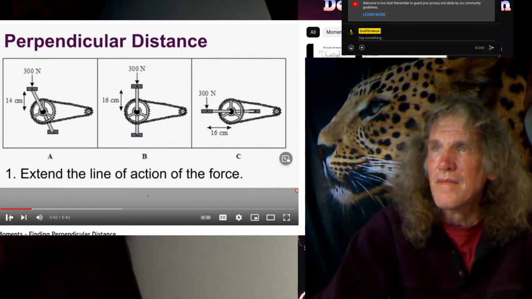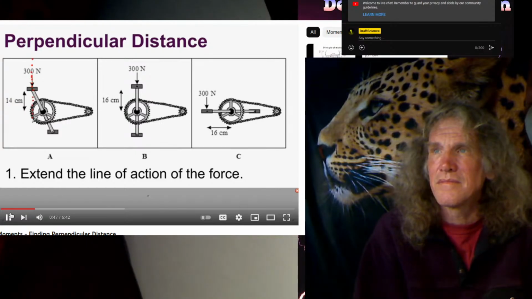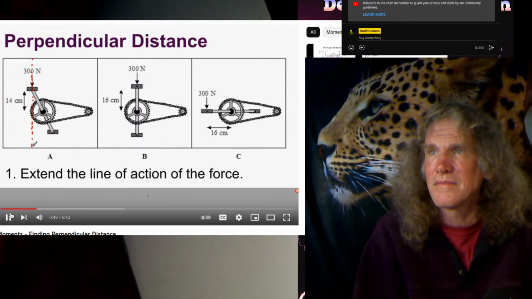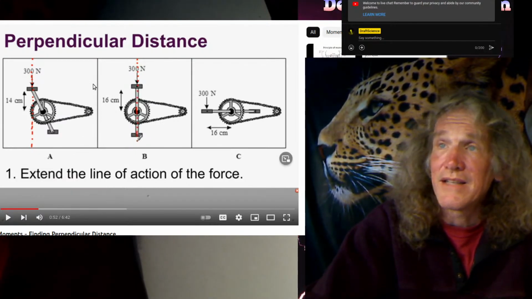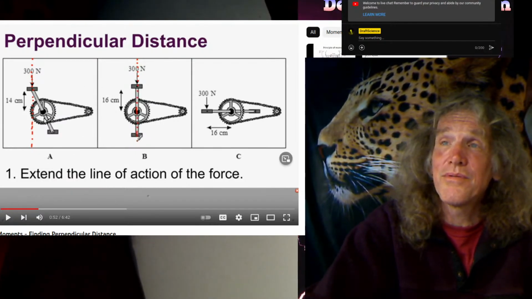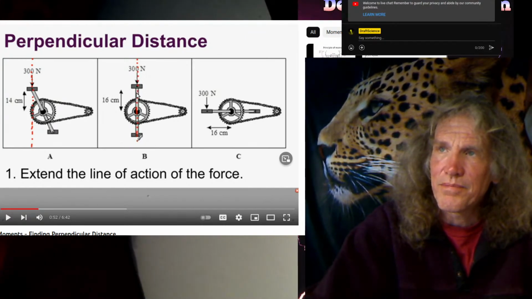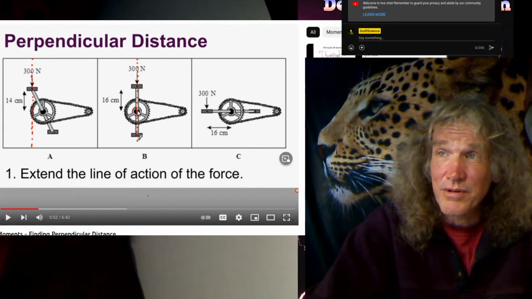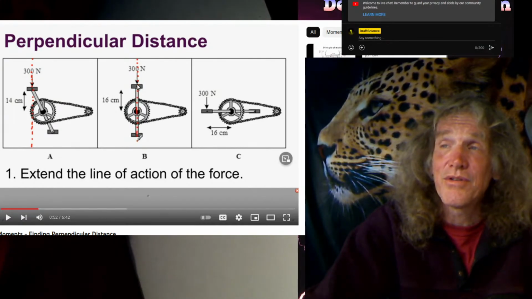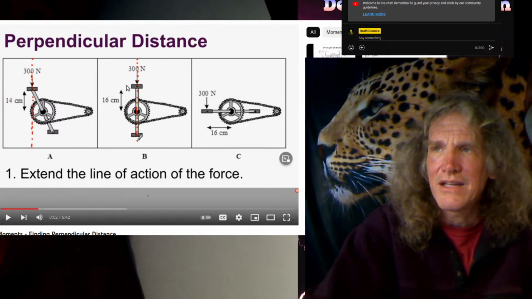So step 1, extend the line of action of the force. So go along the line of the force and extend it in both directions. All right, I see what he's doing. So this is applicable to the experiments that Brozo and Ion have done, in the sense that they don't appreciate that, yes, if the force is in line with your lever, then all you're doing is putting friction on the bearing, and there's no real turning potential.